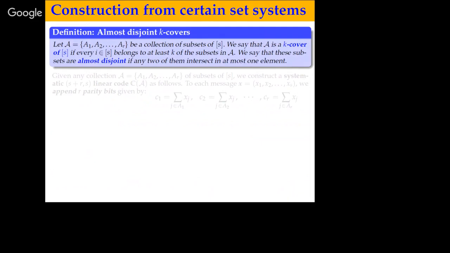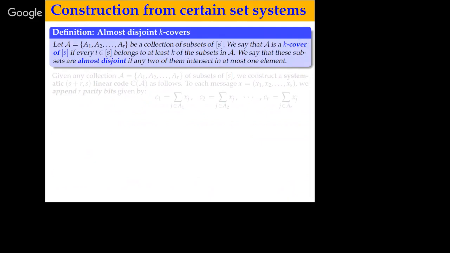Okay, so what I want is to have a collection of sets. In fact, I want R sets. They're all subsets of the set of integers from 1 to s, with the following two properties. And they're exactly the properties of a K uniform linear hypergraph. The first property: I want it to be a K cover of the set S. What does that mean? If I take any element of S, it appears in at least K of these sets.